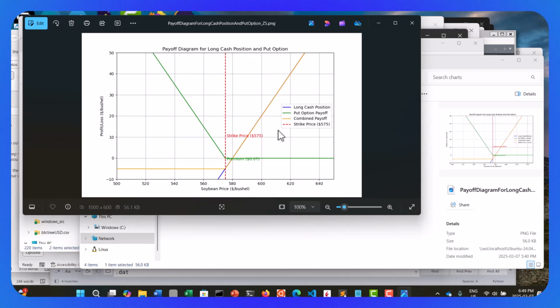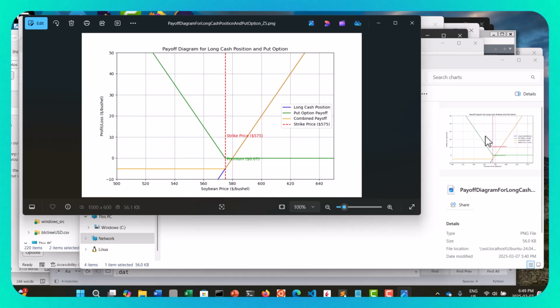So again, this is for soybean, and again, same idea. We have a strike price premium, and then again, we've got our combined payoff here between a future and an option. So it gets much more complicated as time passes. And as I said, there's a golden area to trade in for both your entry and your exit, and it's quite literally a zero risk strategy.